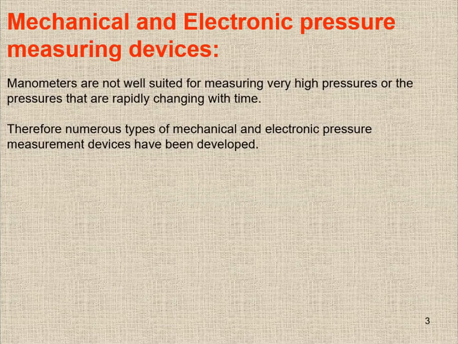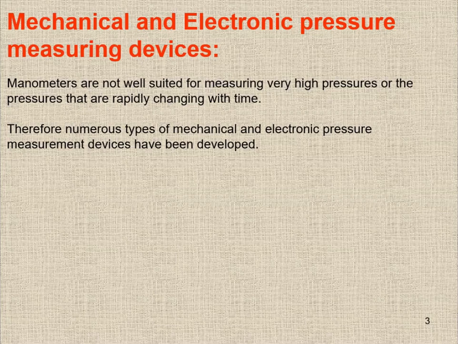What is the problem with manometers, and why do we need mechanical and electronic pressure measuring devices? Manometers are not well suited for measuring very high pressure or pressure that changes rapidly with time. We can understand this because manometers depend on the height of the column of fluid.